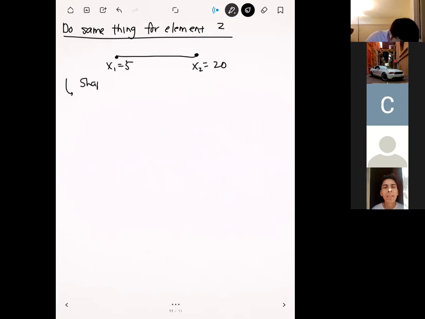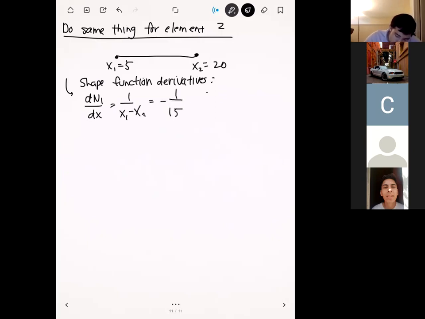So our shape function derivatives. Okay. We have dN1/dx equal to 1 over x1 minus x2, and this is equal to minus 1 over 15.